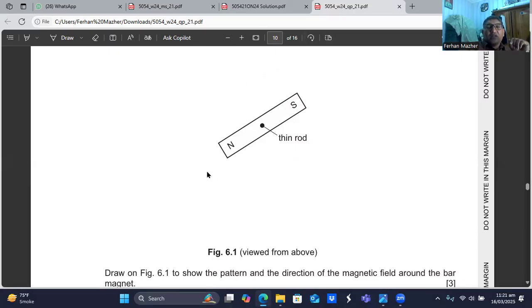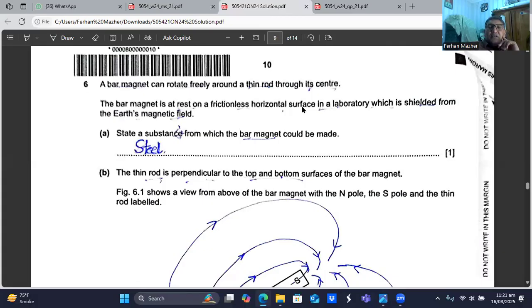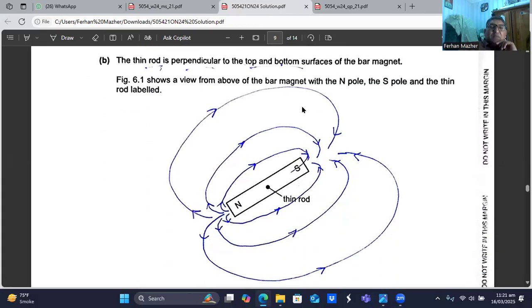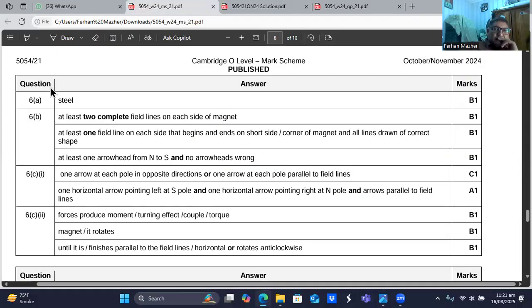From here, north, they come out and they enter into this south pole. So it's very simple. So you will draw the magnetic field pattern and they all should be coming out of this north and then they go around in the air and they enter into the south pole of that bar magnet. So this is how you will draw that pattern.